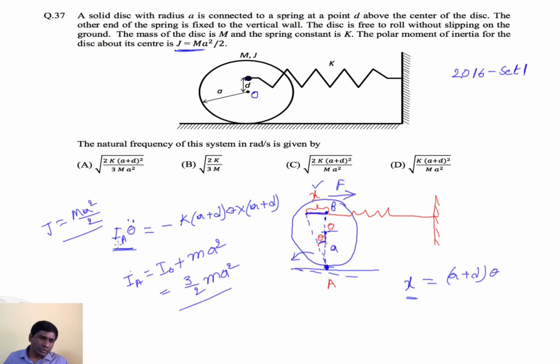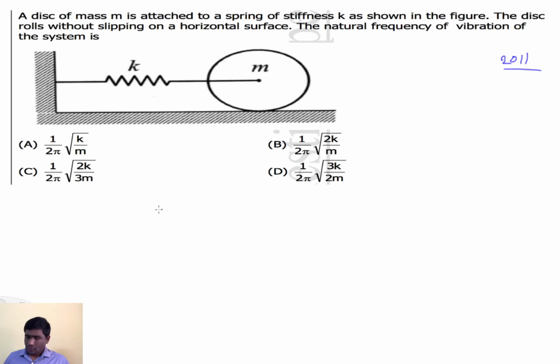So if I substitute this one, and if I bring all these to this side, then automatically we can get omega equal to k into (a plus d) whole square by (3 by 2) ma square. So if I write like this, it will become 3 into m a square. This is the omega. So again the same type of problem has been asked again in about 2011.